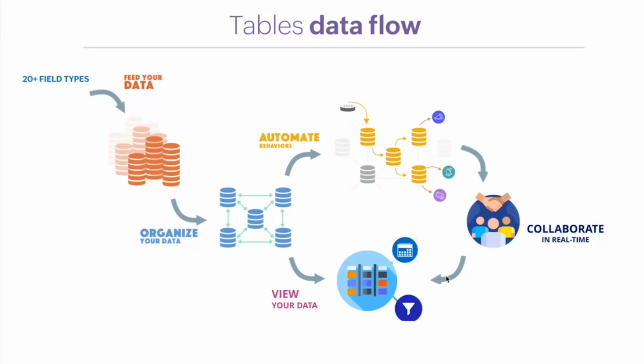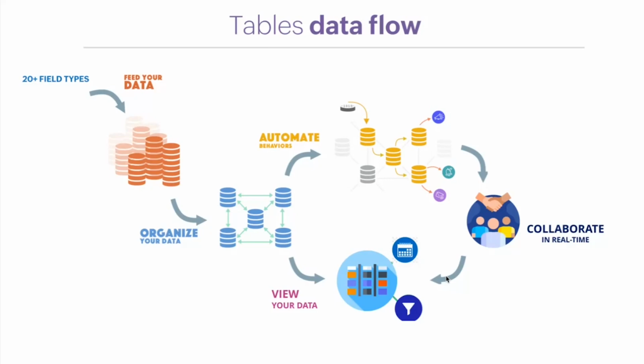So let's see how data will be flowing inside Zoho Tables. So when you have your work data, it can be structurally organized with the 20 plus field types that Zoho Tables offers. We also support three AI field types, which we will see in the demo. And once you feed in the data, this can be organized in different sets of tables. And once you organize the data in tables, you can establish meaningful relationships across data.